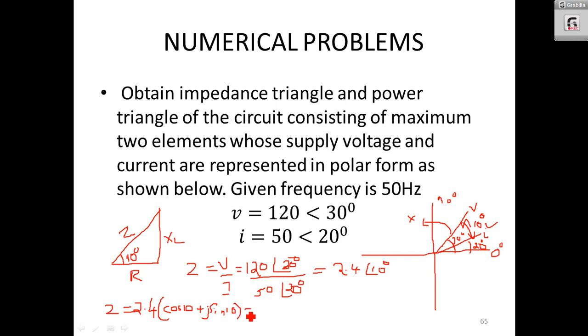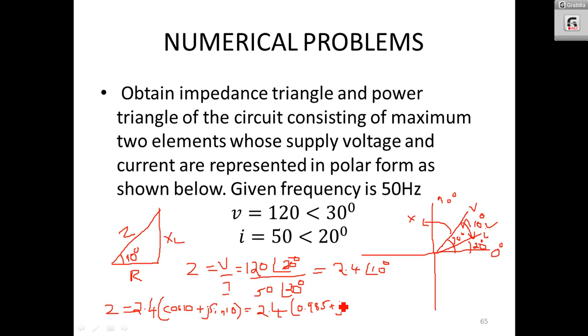What is cos 10? Cos 10 is 0.985. What is sin 10?